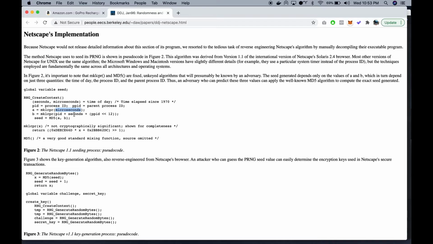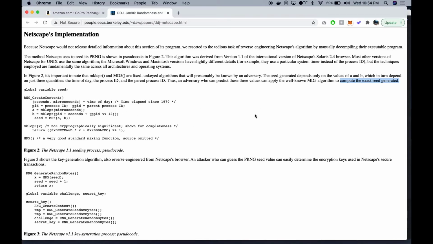So again, an adversary that can predict these values, microseconds, seconds, process ID and parent process ID, can then apply MD5 and this function, MKL CPR, and compute the exact seed that the software would generate.